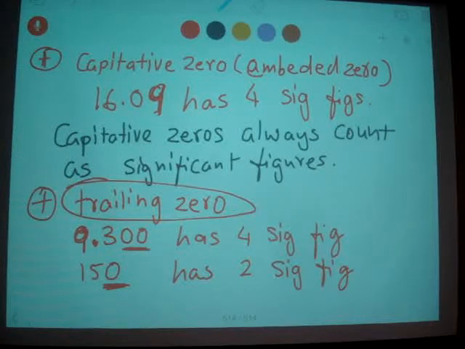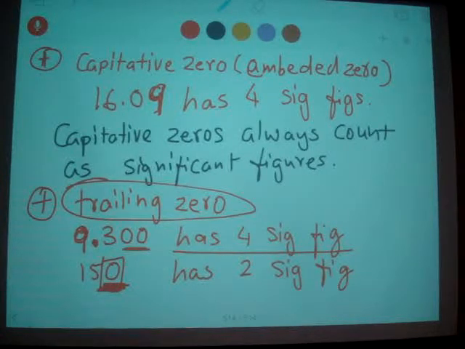What are those? If there is a decimal point, then we can count all the numbers as sig figs, right? And if there is no decimal point, then we cannot count, right?